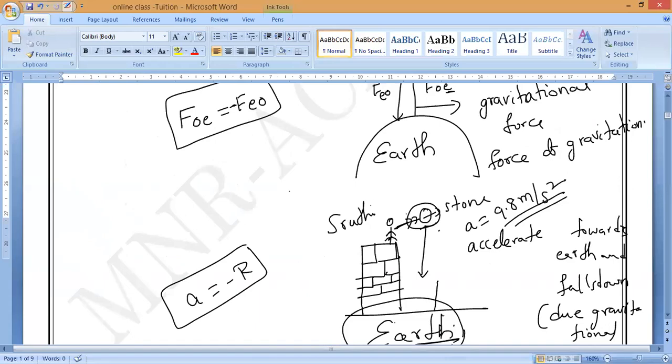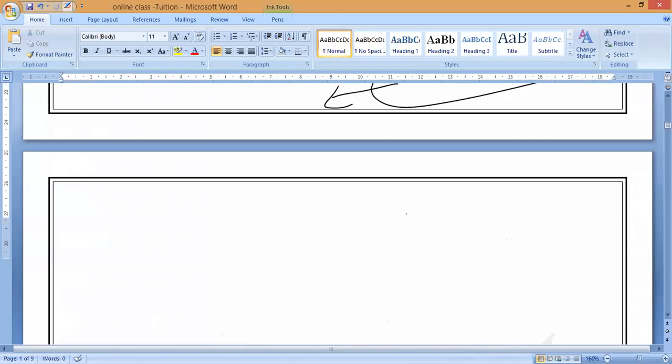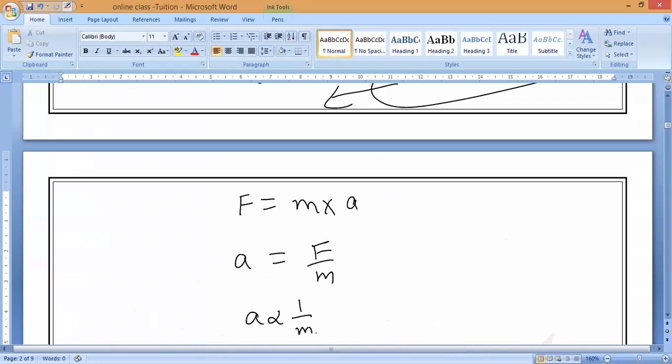What is our concept? Newton's law of motion and gravitation. Force is equal to mass into acceleration. Acceleration is equal to force by mass. So acceleration is inversely proportional to mass.